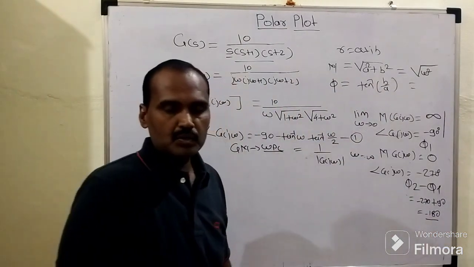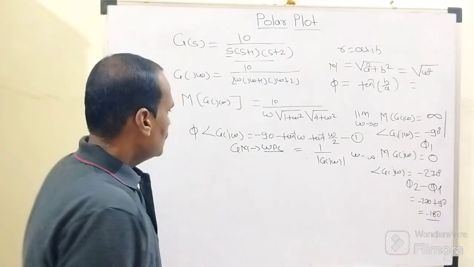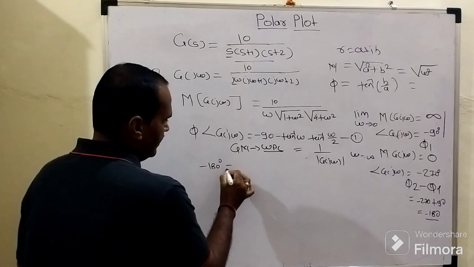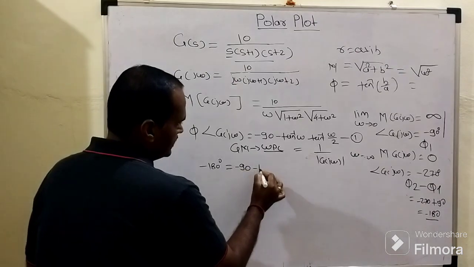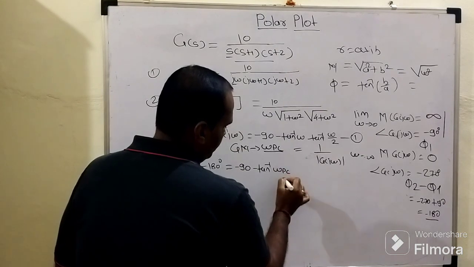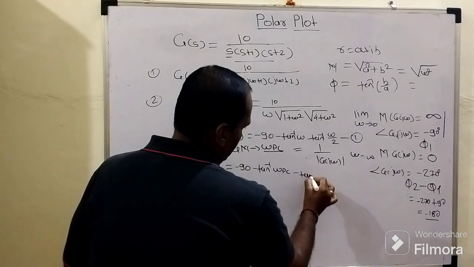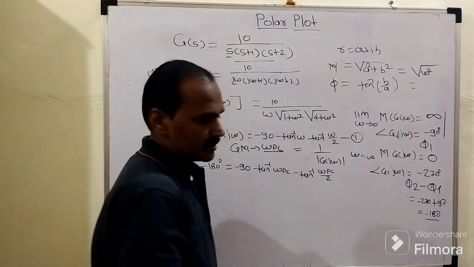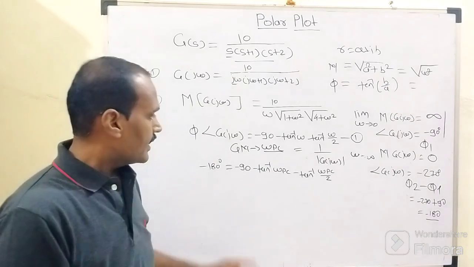So the total phase rotation taken by this polar plot equals minus 180 degrees. We equate this minus 180 degrees as the desired phase angle, and the statement is: minus 90 minus tan inverse of omega PC minus tan inverse of omega PC by 2, where omega is replaced with the phase crossover frequency omega PC.